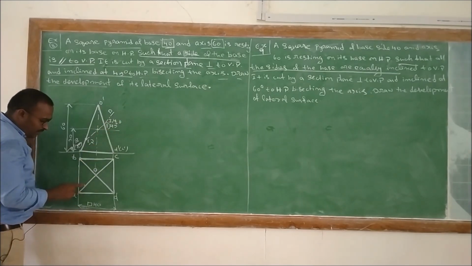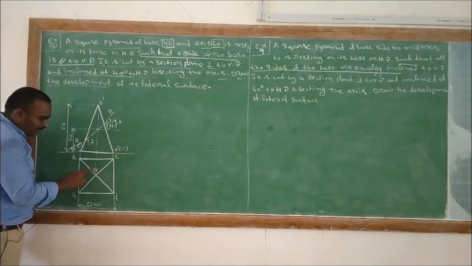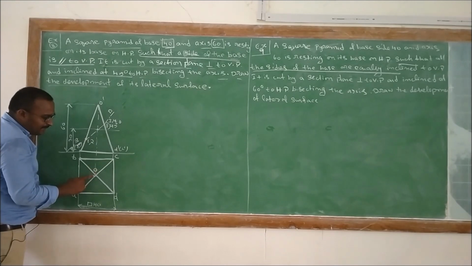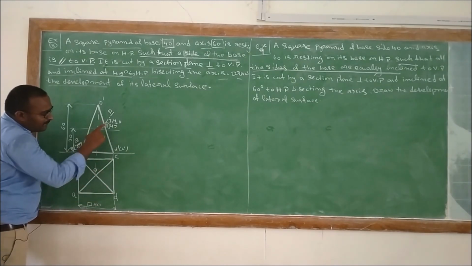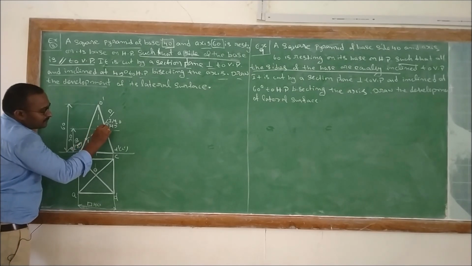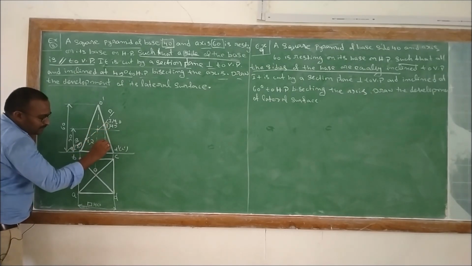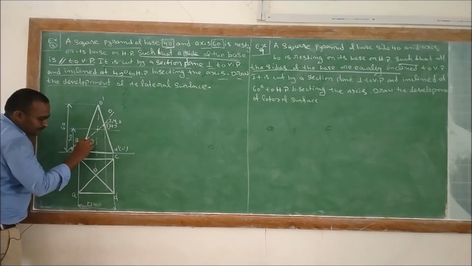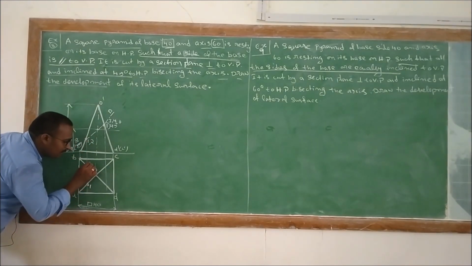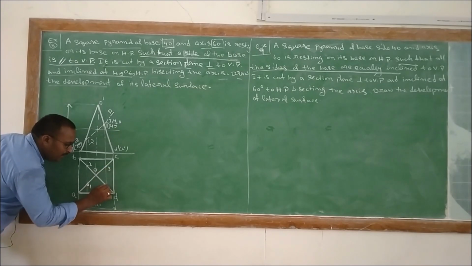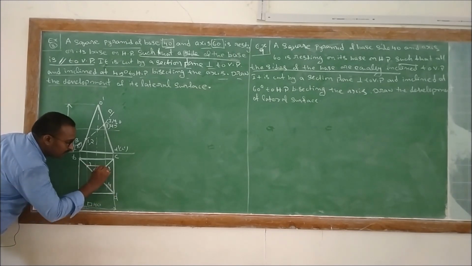So 1 is on the OA line, 2 is on the OB line, on the OC line there will be a 3rd point, and on the OD line there will be a 4th point. When we project these downwards, automatically we will get 1, 2, 3 and 4.